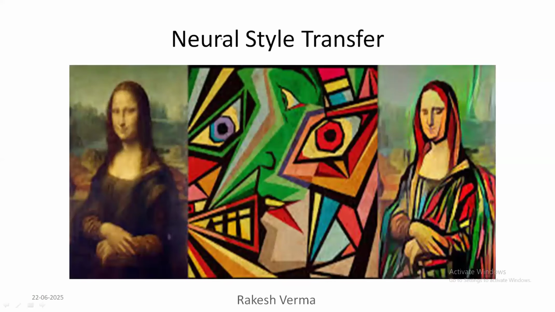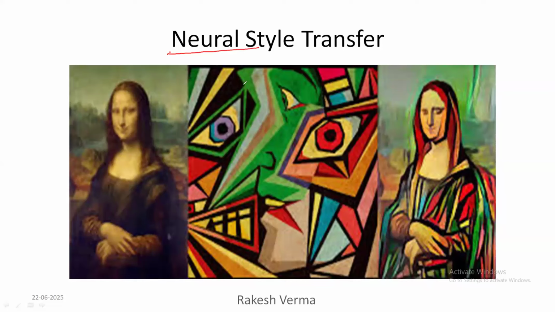So you can see this is the neural style transfer. We come to the next concept, it is neural style transfer. Basically what it does is take the features of two images.